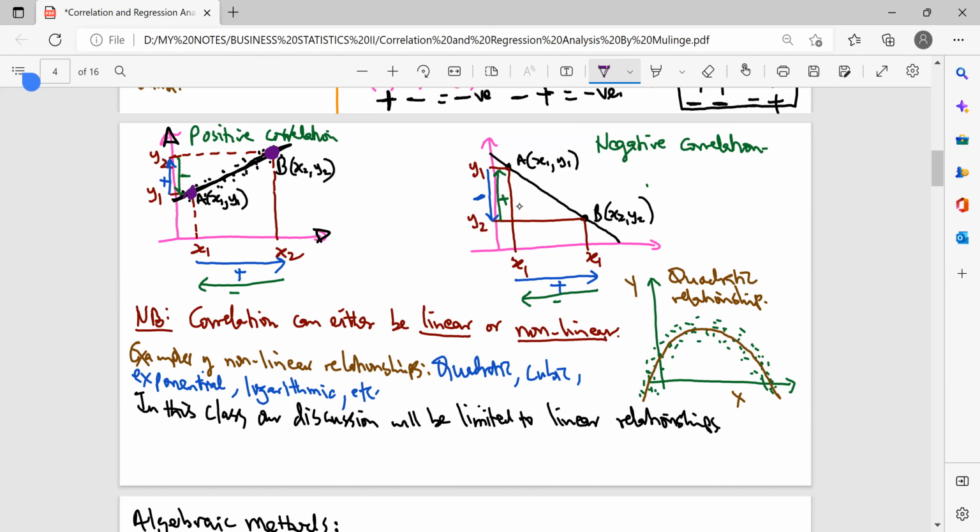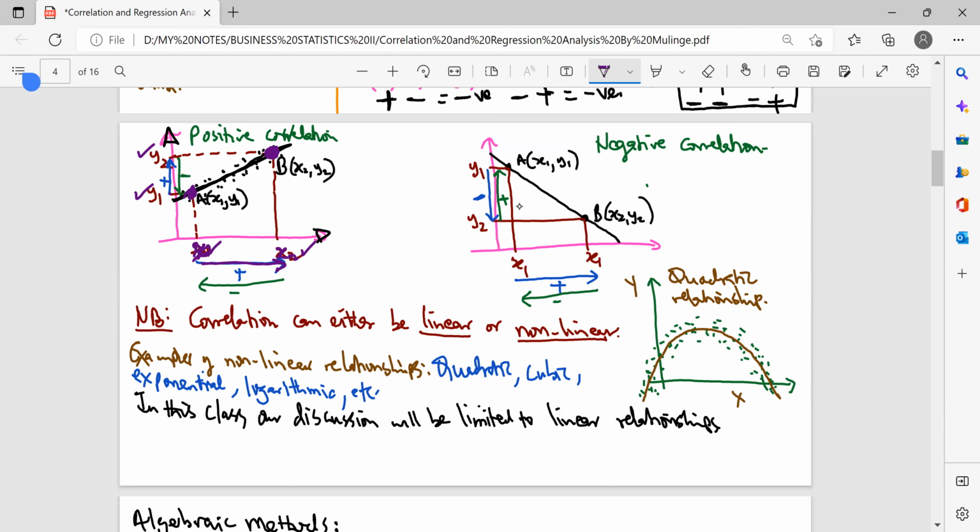then the value of X corresponding to the first point is X1, and the value of Y corresponding to the vertical axis is Y1. Then the value of X corresponding to the second point is X2, and the value of Y is Y2. So you notice that if I move from this point here, X1, and increase to this point X2, then what has happened to the values of Y?